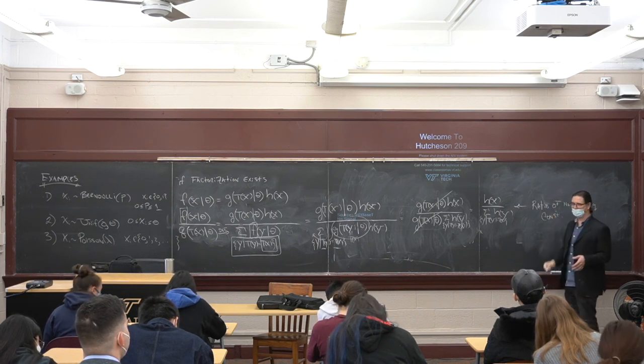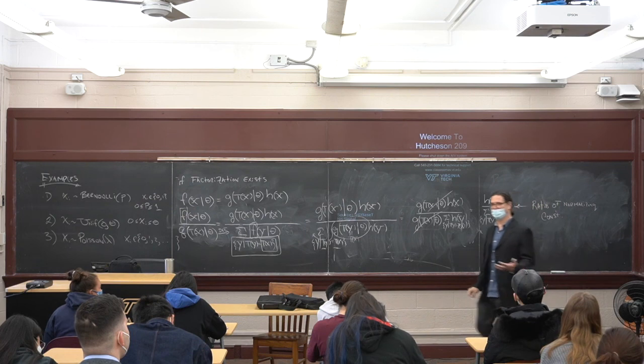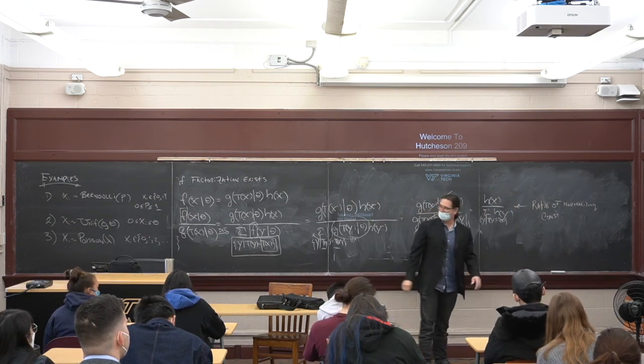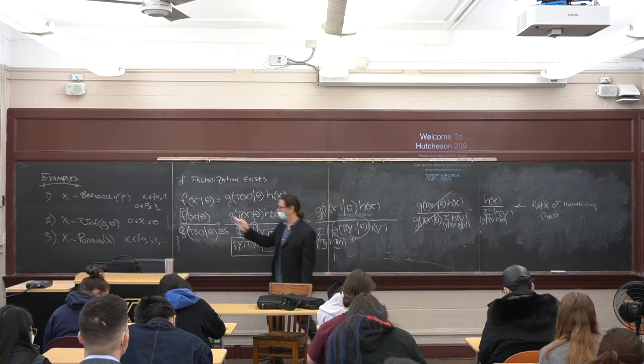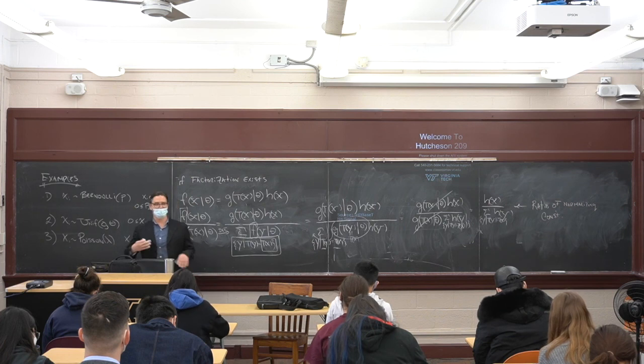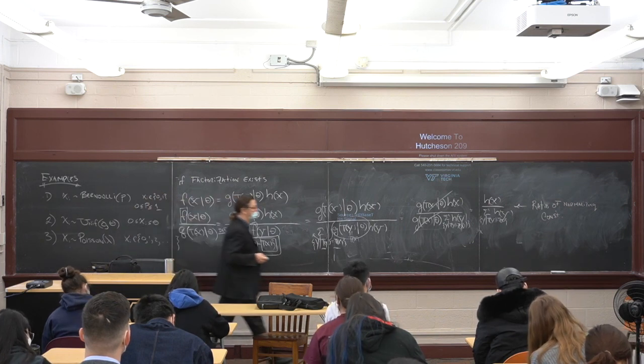That's what it is, and more importantly, it doesn't involve theta. So theta is not in there. And so we've just shown this is a constant with respect to theta, and going back to our earlier definition, that means T of x is sufficient. And so we're done.